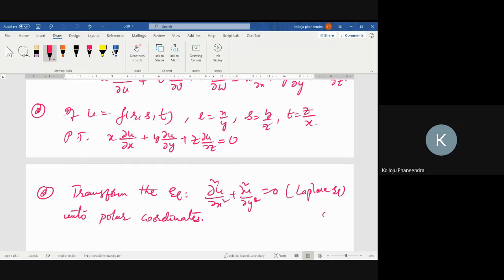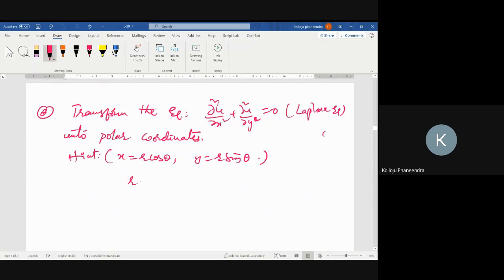So a hint is what? Put x equal to r cos theta, y equal to r sin theta. I'm just giving a hint: put x equal to r cos theta, y equal to r sin theta.